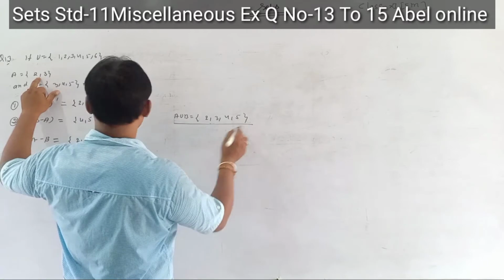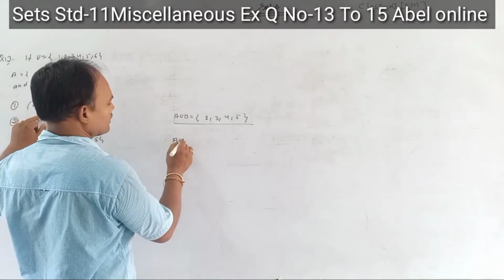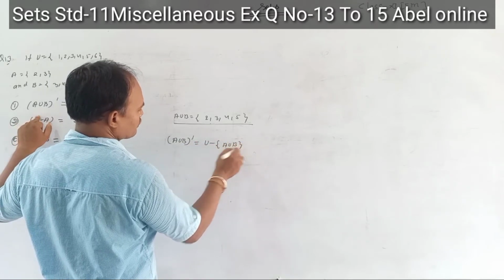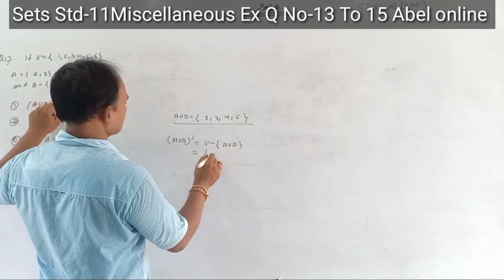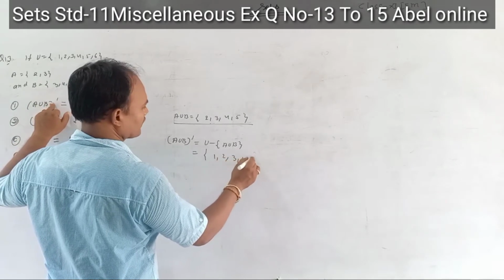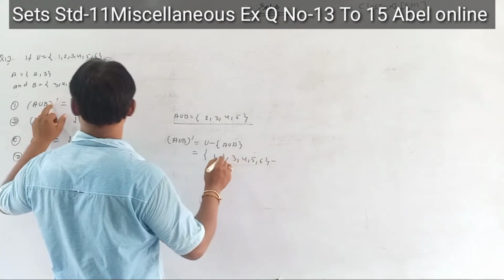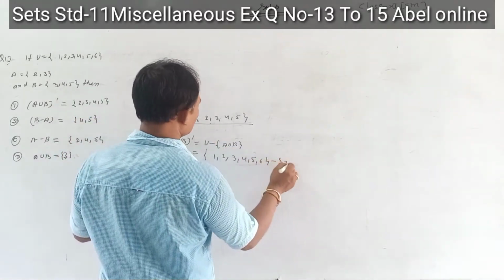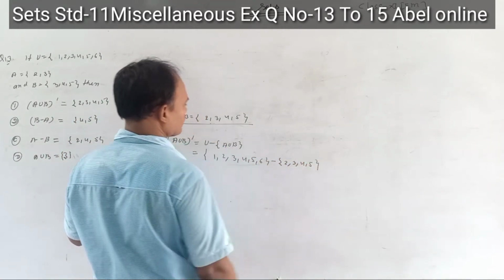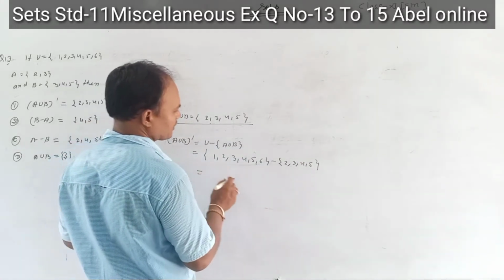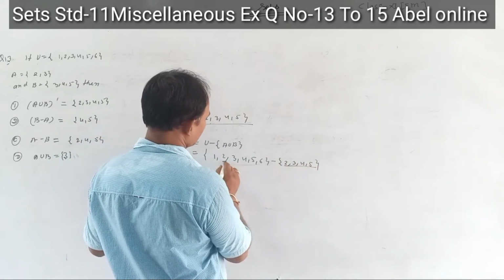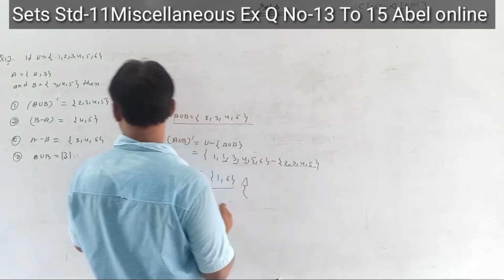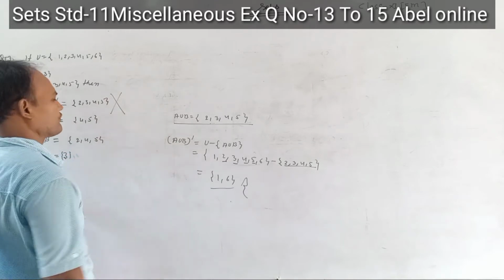When we have to find A union B whole complement, it is U minus A union B. The value of U is 1 2 3 4 5 6, and A union B is 2 3 4 5. So the remaining part is 1, 6. Is it the answer? No, it is not the answer.